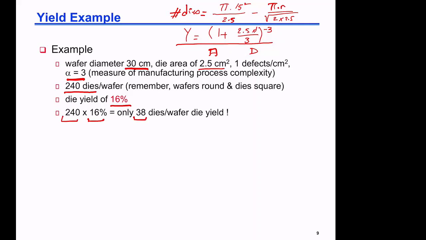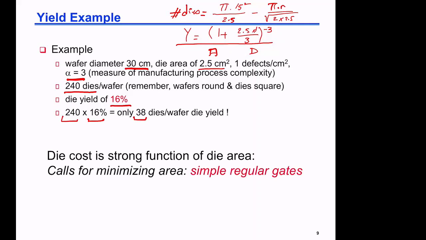So here I'm losing a lot, and it takes time and money to fabricate these, and I'm throwing more than 3/4 of them away. So my process definitely needs to be fixed, or I'm going to charge my customers a lot of money.